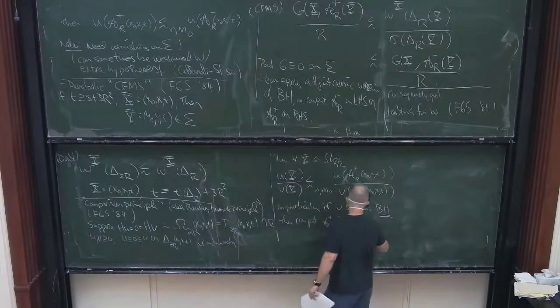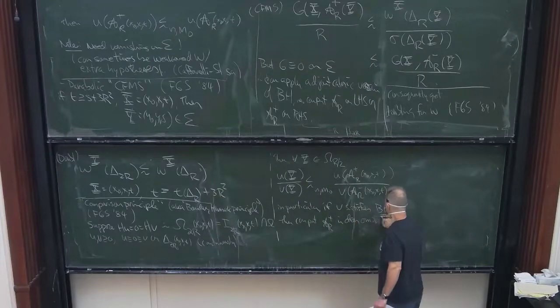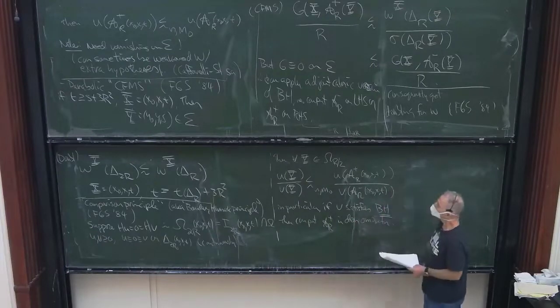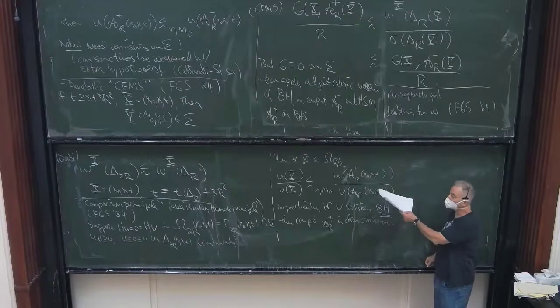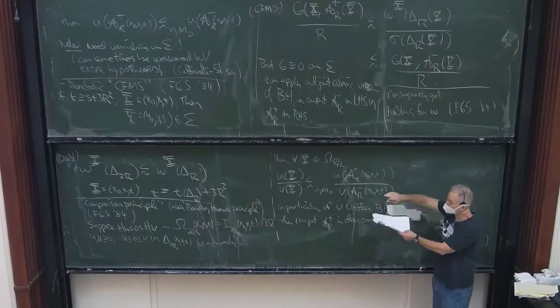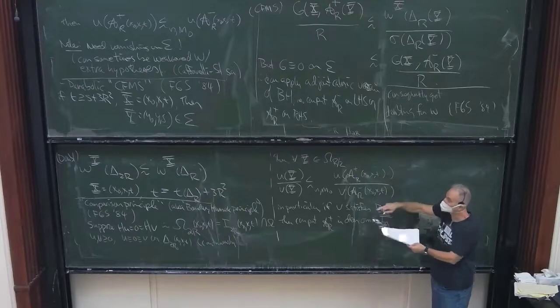And also if both u and v satisfy backward Harnack, then of course you can reverse the roles of u and v.